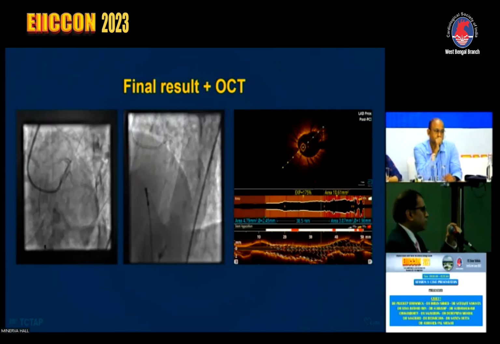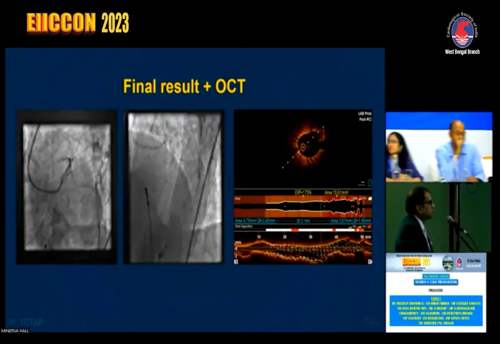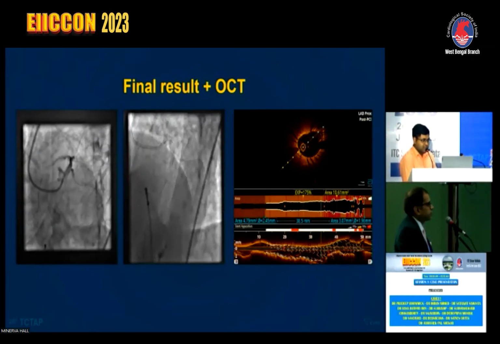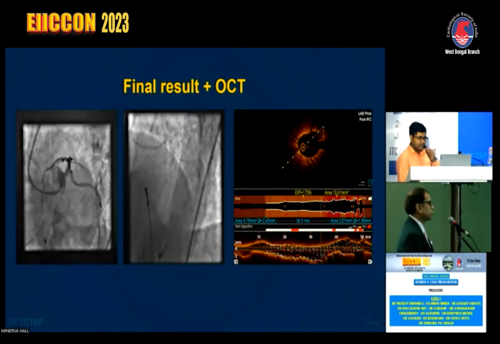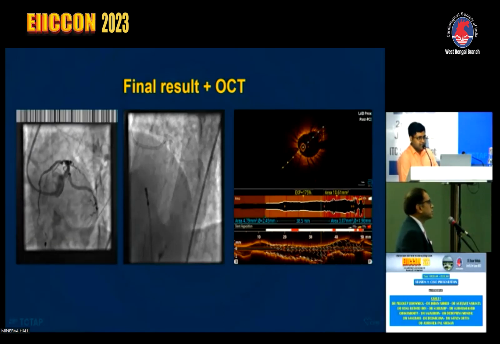How did you decide the size of the IVL balloon? Yes, we went for 1:1. What was the size of the left main? 3.5. What was the size of the left main pre? It used to be 4.5. Yes, you took a 3.5 for the left main. Yes, we went for 3.5. This is not 1:1. Yeah, the pre-run showed it was around about 4 in the left main. This is post, sir, and we inflated it to 4.